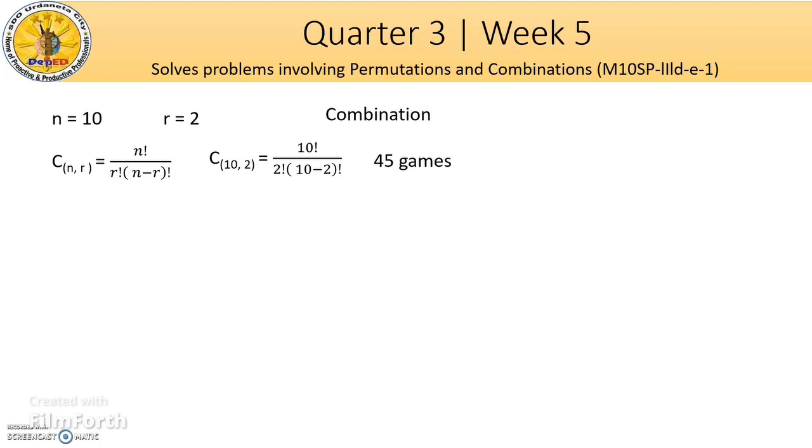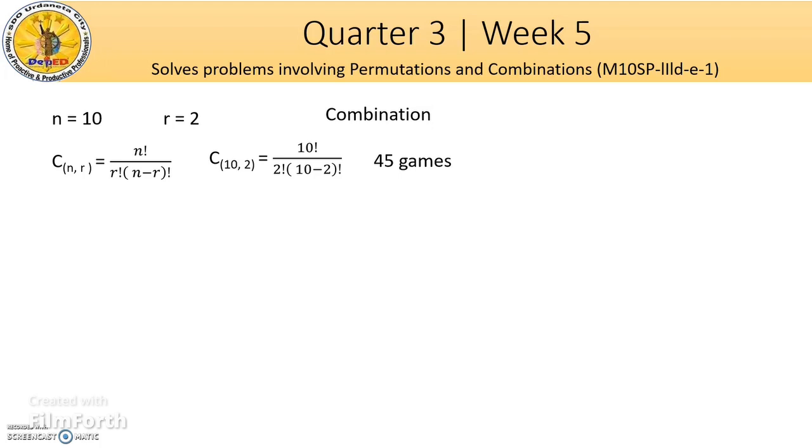We have what we call the ramification of games. How do we make a schedule here? This is actually applied in sports, specifically in the subject MAPE. So, I will show you how to make the ramification of games.